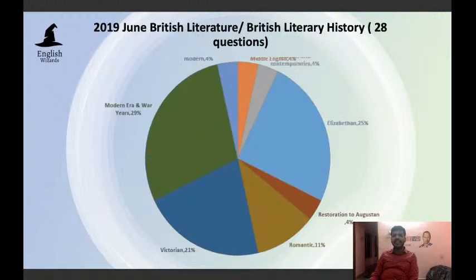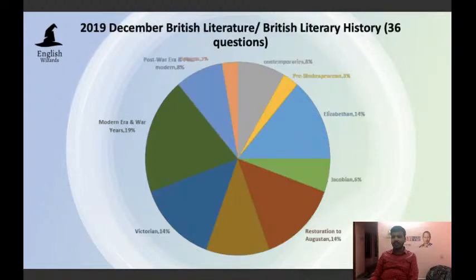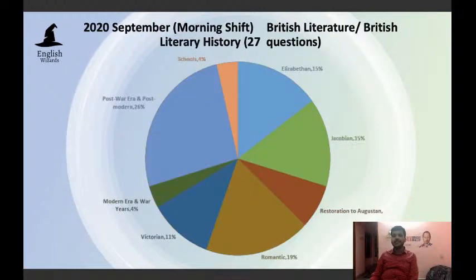When you look at each of these slides, what you understand is, except for certain anomalies, so I'm taking up the analysis. Except for certain anomalies, we usually have a pattern, which is most of the questions, a huge amount of questions are asked from the 20th century.